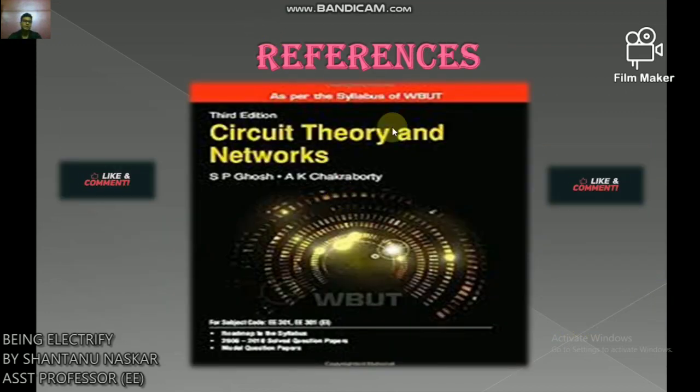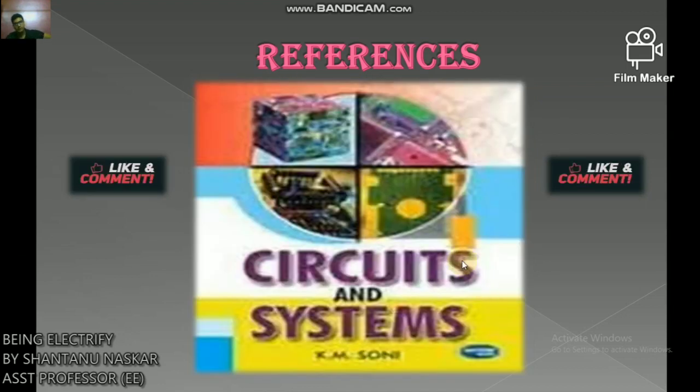So that is all for my lecture, and now I will give some references for it. The first book is Circuit Theory and Network by S.P. Ghosh and A.K. Chakraborty. This book is very compact and good for BTech and diploma engineers. The next book is Circuit and System by K.M. Soni.